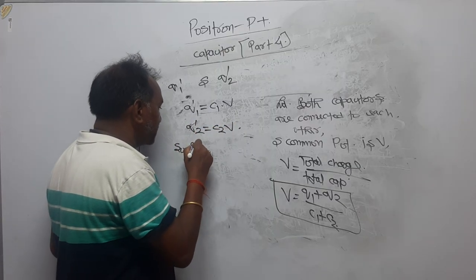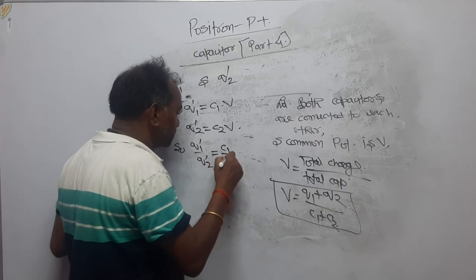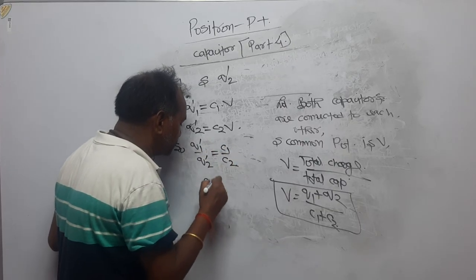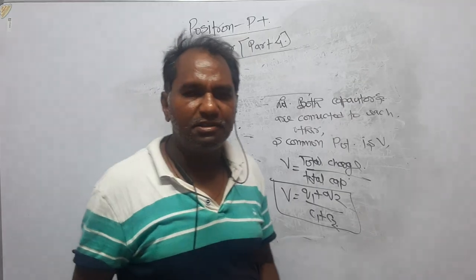So Q1 dash upon Q2 dash is equal to C1 upon C2, or Q dash is proportional to C, right? How will the charges be distributed?